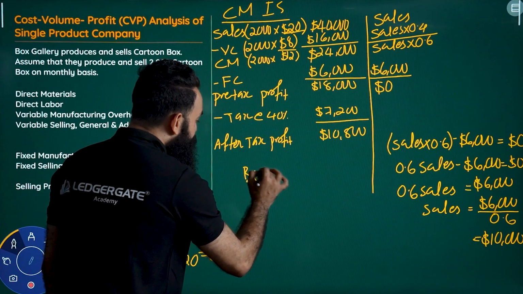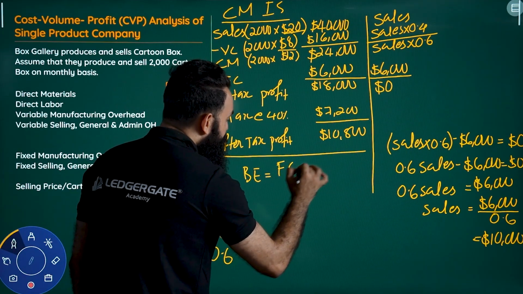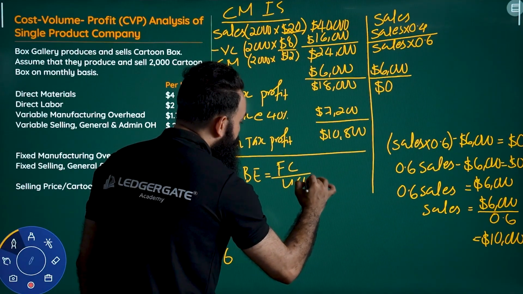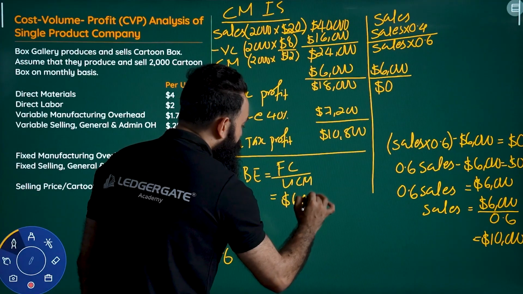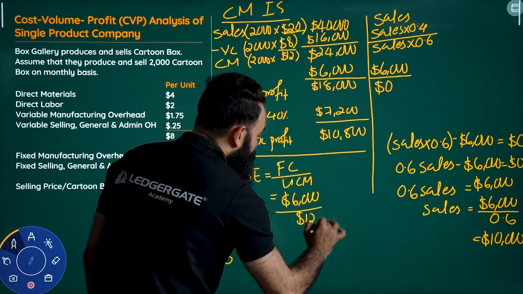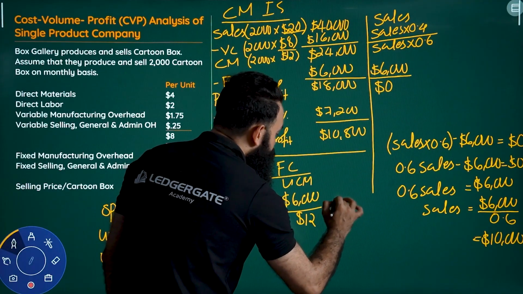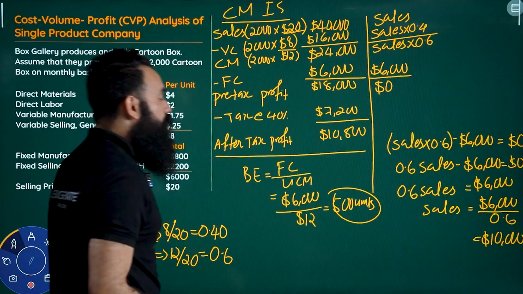Do you remember previously our break-even in unit was? We have developed a formula for this, right? What was that? Fixed cost divided by unit contribution margin. How much was it? Fixed cost, as we know, $6,000 and unit contribution margin was $12. Our break-even in unit was 500 units. So this was our break-even in units.